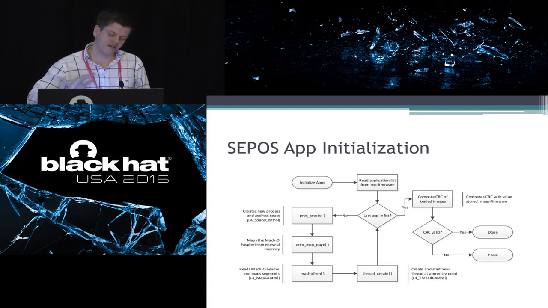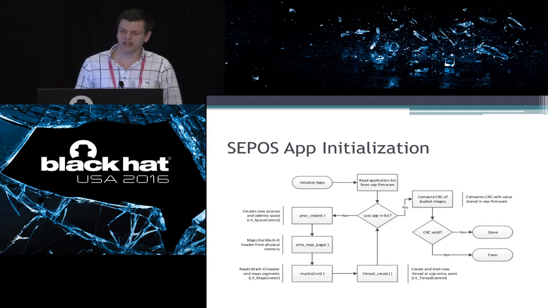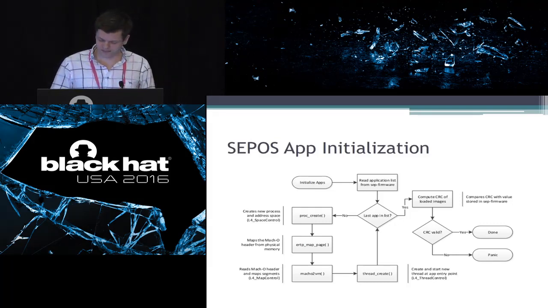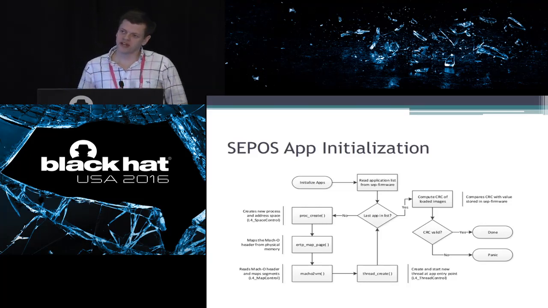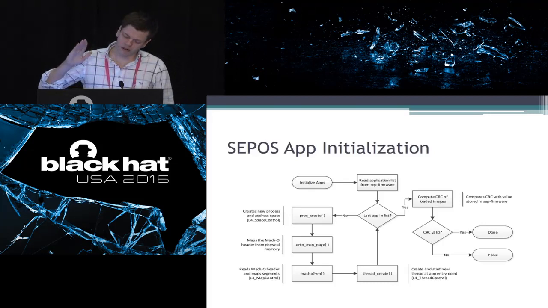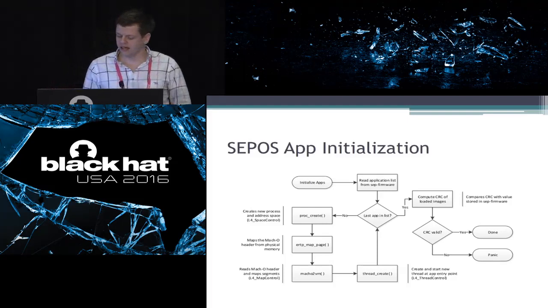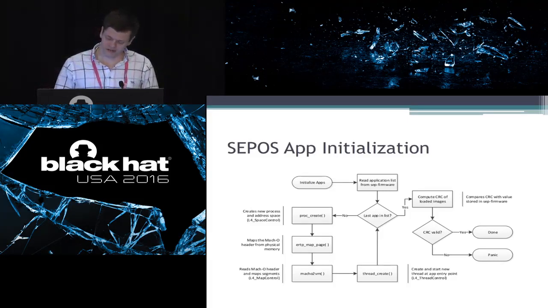It parses the headers of the Mako binary, and then loads the segments, and finally it starts the thread for the main thread. Once it's done this, it also computes the CRC of all the loaded images in memory, and then checks that against a CRC that's been pre-computed. And then if that's okay, it continues to boot. If not, it will fail.